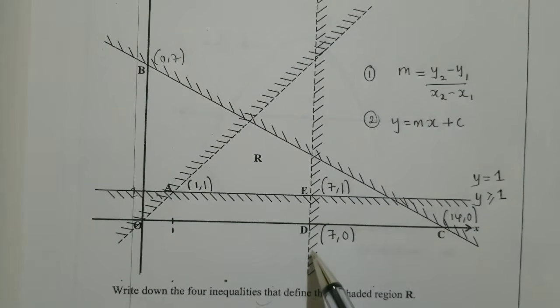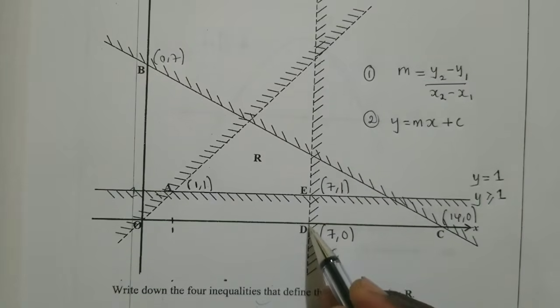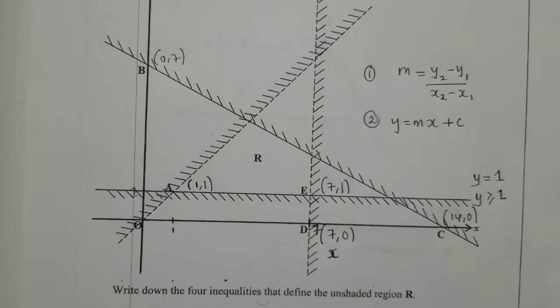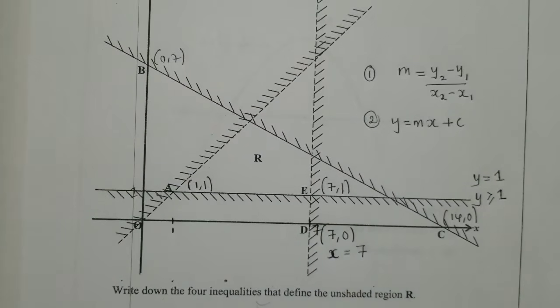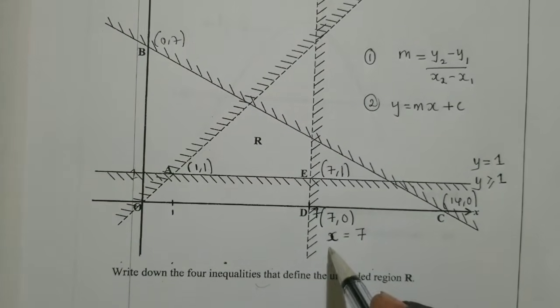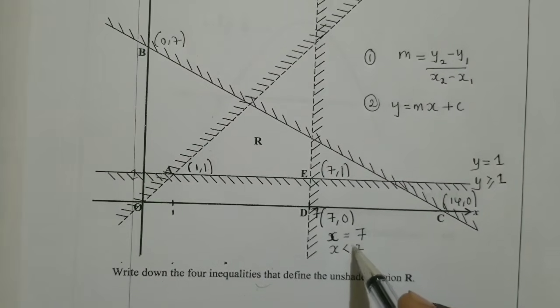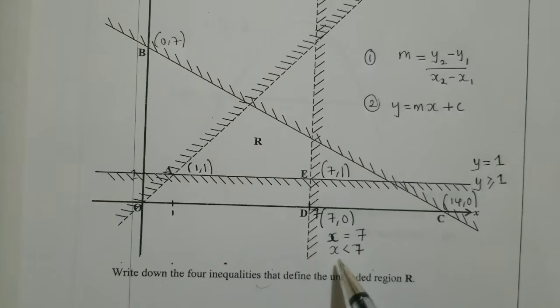We come to this one. This one, of course, is an x because it's passing at the x-axis at 7. So this is 7 where it's passing at point 7 over here. So we shall say x equals 7, okay? And then we show the inequality, which is x is less than 7.